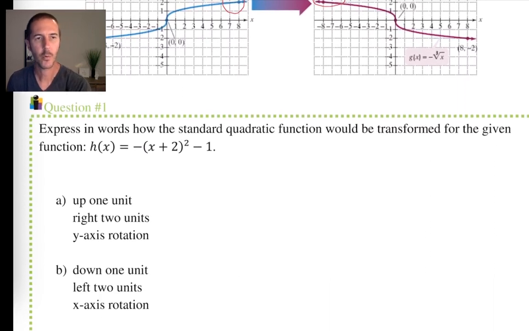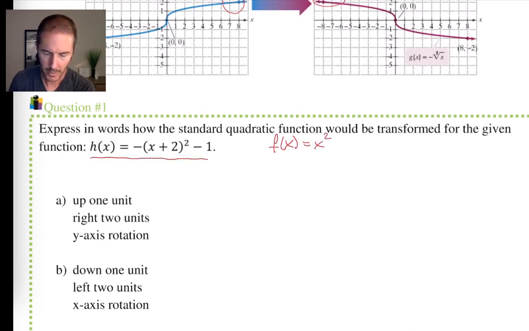In our first example question, we're being asked to express in words how our standard quadratic function, f of x equals x squared, would be transformed when written as h of x equals this function. So there are a few different things that are happening here. One is there's a positive 2 that's been added to the inside of our function.